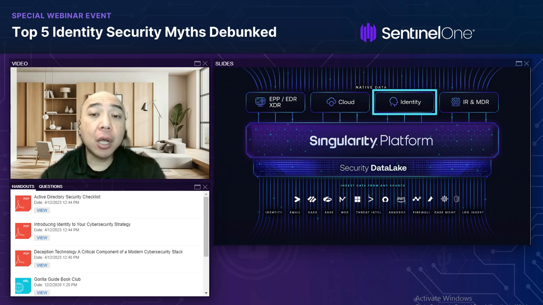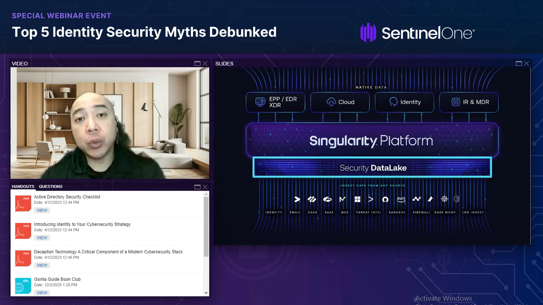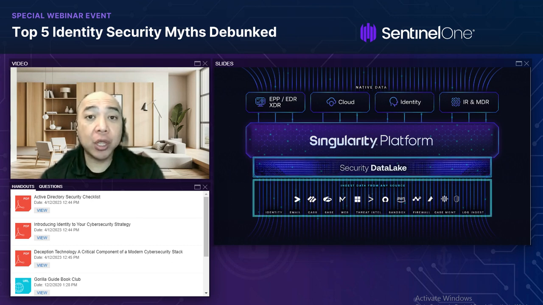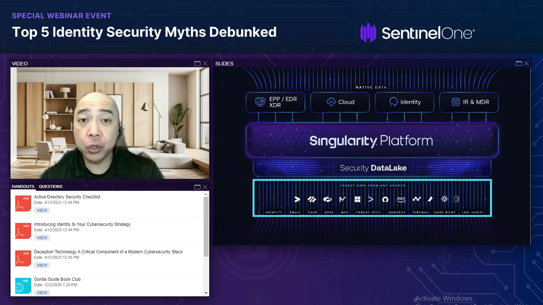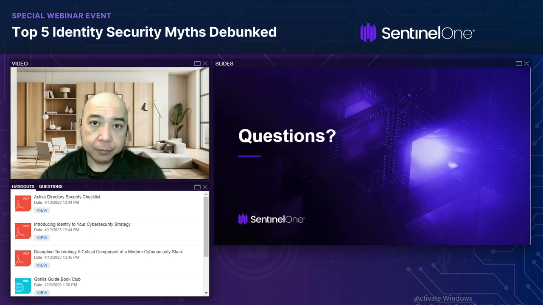This is all covered, all shares data with our security data lake, which can also ingest data from any source within our marketplace and any native sources. So our platform provides you full visibility across the entire detection fabric, whether it is a native capability or a market partner. And with this, you can do autonomous detection across all of the attack surfaces, and we also offer an IR and MDR service.